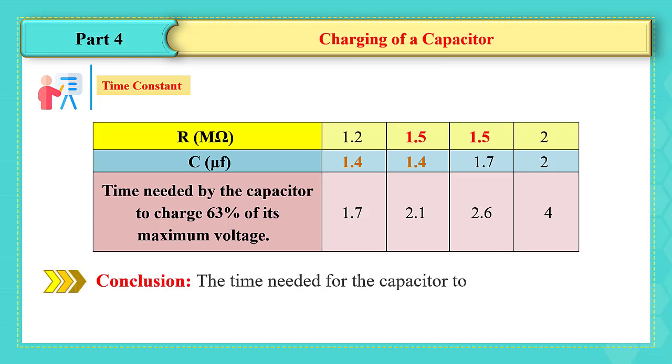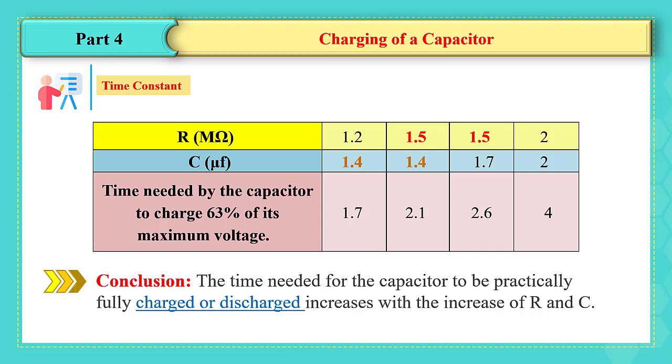And we have seen that as R and C increase, then the time which is needed by the capacitor to be practically fully charged also increases. Then our conclusion is the time needed for the capacitor to be practically fully charged or discharged increases with the increase of R and C.